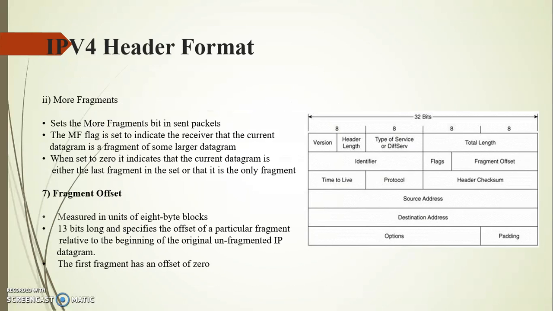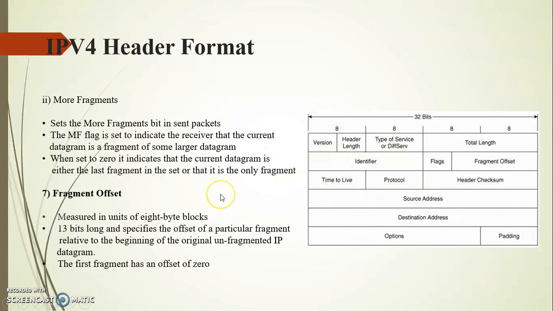Next is more fragments. It sets the more fragments bit in sent packets. The MF flag is set to indicate to the receiver that the current datagram is a fragment of some larger datagram. When set to 0, it indicates that the current datagram is either the last fragment in the set or the only fragment.